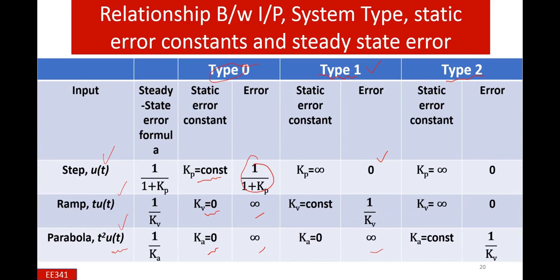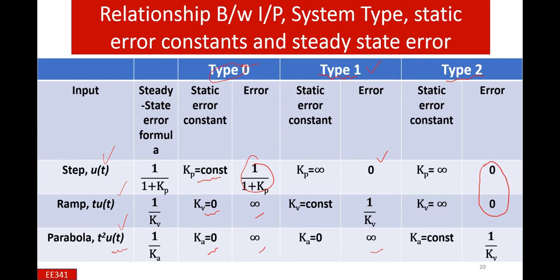It means if we want to run a type 1 system error free, then we have to use just the step input. And similarly for type 2, we can apply only step or ramp input to run the system error free.